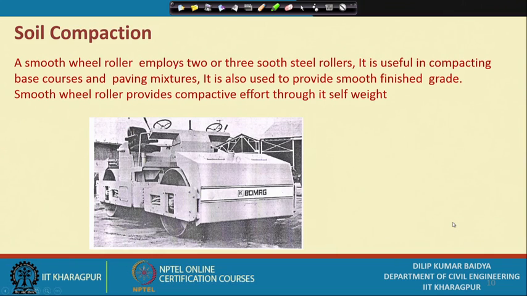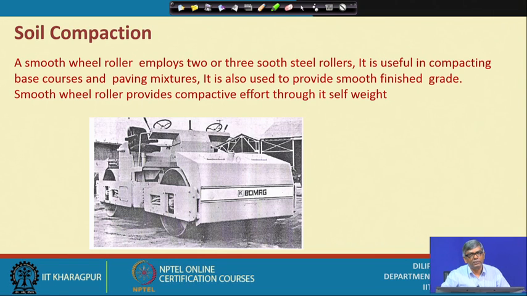And now, soil compaction. I have several things to discuss, but for compaction, generally different types of compaction equipment are used. There is the smooth wheel roller. The smooth wheel roller employs two or three smooth wheels, and it is useful for compacting base courses and paving mixtures.